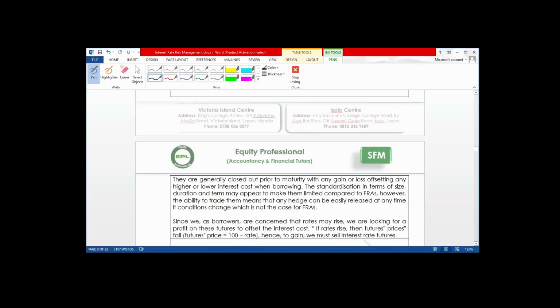The standardization in terms of size, duration, and term may appear to make them limited compared to FRAs. However, the ability to trade futures contracts means that any hedge can be easily released at any time if conditions change.